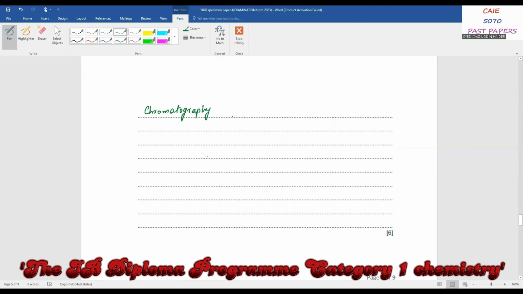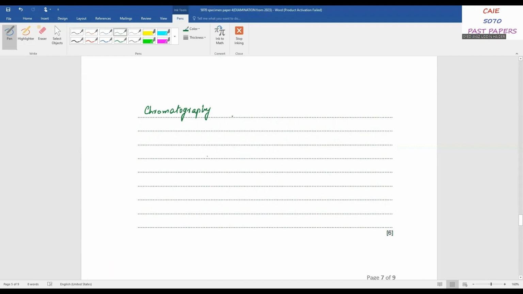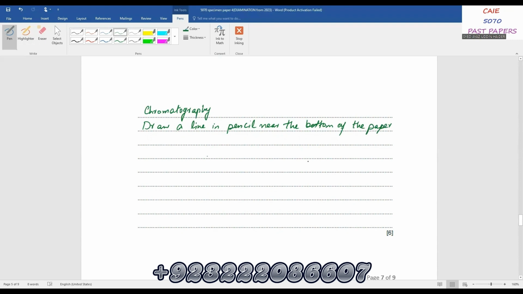Then what will you write? You are using chromatography paper, so you have to draw a line in pencil near the bottom of the paper. Two marks. Next point, apply extract to paper.